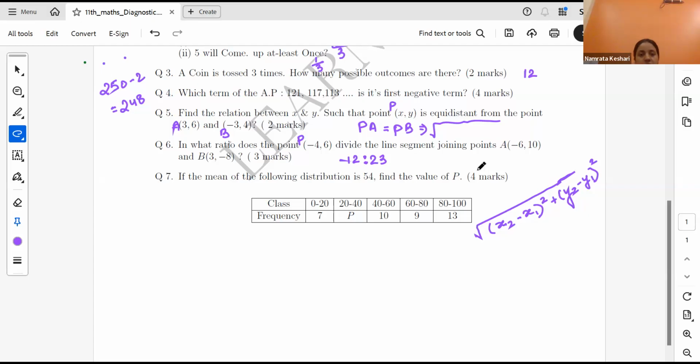Miss, 11. Okay, you are getting P as 11, right? Yes. Okay.